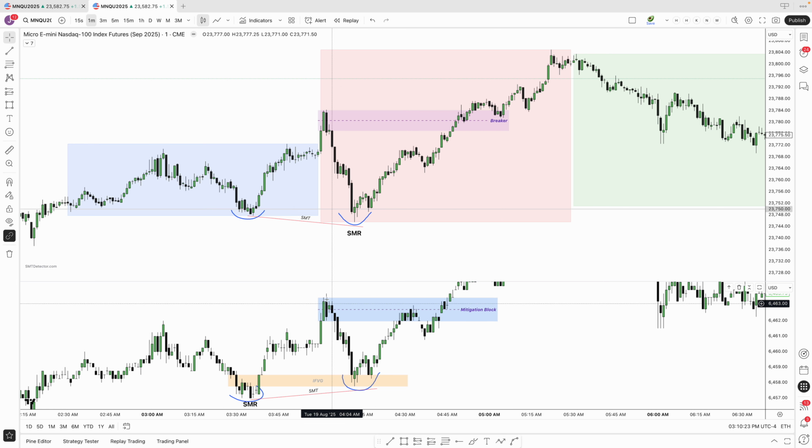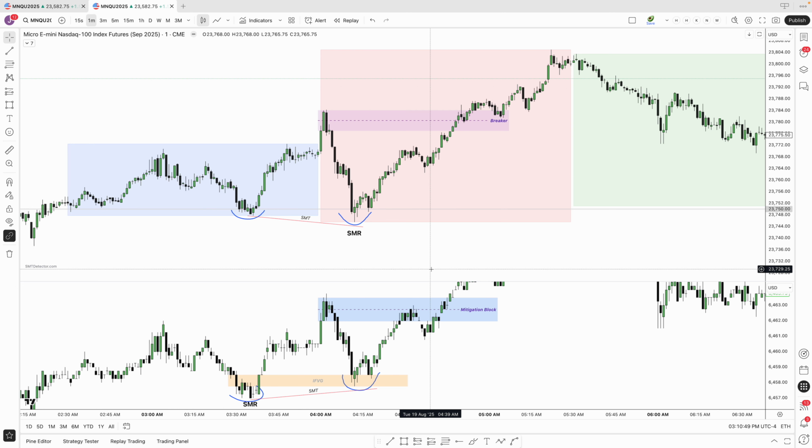ES doesn't need to close above that before you take a long here on NQ. So let's just say you do wait, 446, we close above the mitigation. We've changed the state of delivery here, and then 454, we change the state of delivery here on ES or on NQ. So you take your longs.